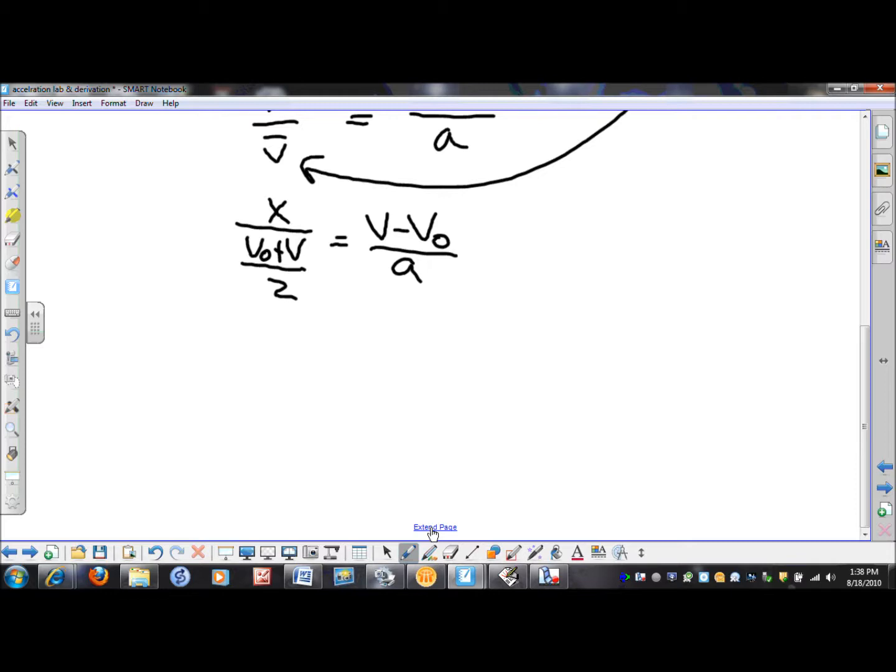You guys understand, if I have 1 over a half, what's that equal? 2. So you can just flip that over. 1 over a third? 3. You just flip it over. So this is 2x over v naught plus v. Just makes it a little plainer. Equals v minus v naught over a.